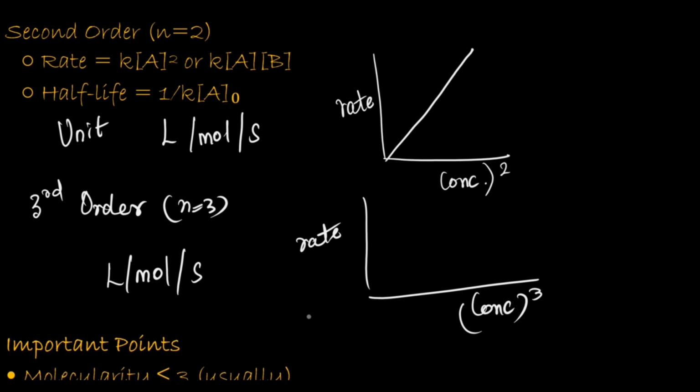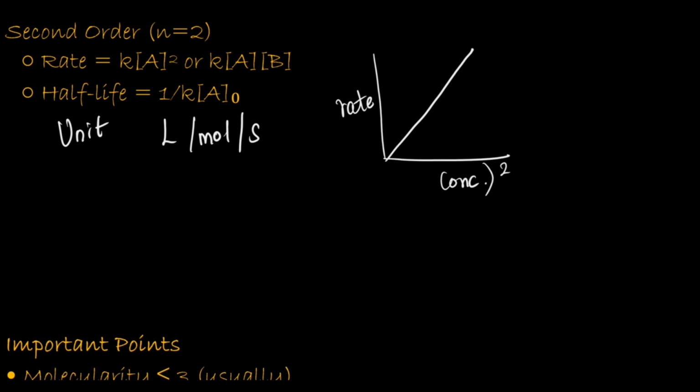So the simple way to write the unit of any order reaction, that is mole. Third order becomes much more complicated because that is having more than 2 possibilities you can consider, and the questions can be asked from any order reactions.